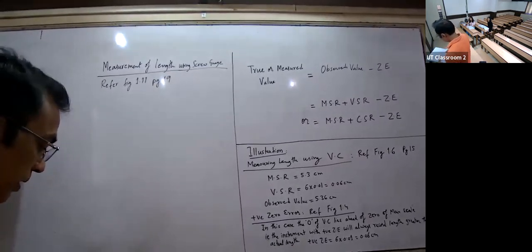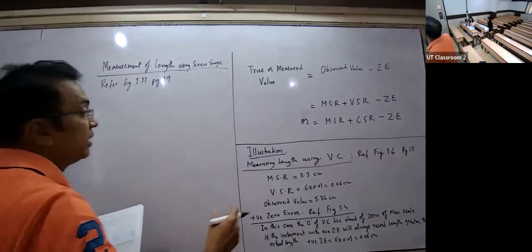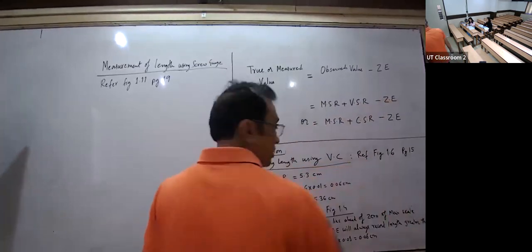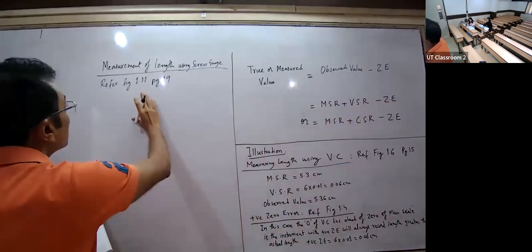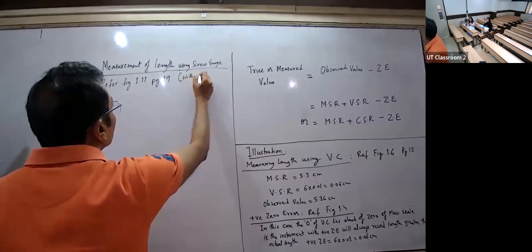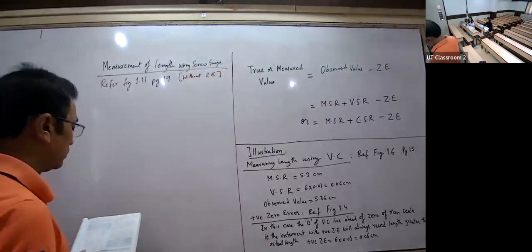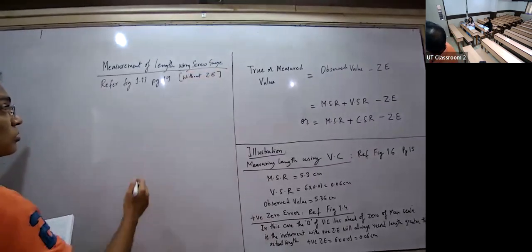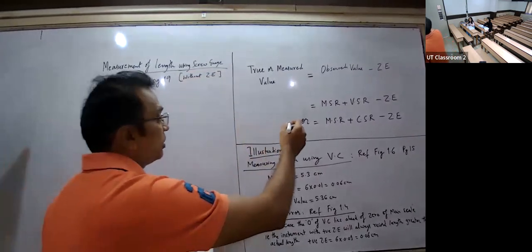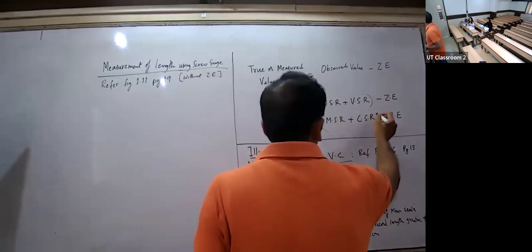So look at it. So what is the main scale reading? Again, first we will calculate the observed value, assuming you don't have zero error. So this is the case without zero error, right? So the measured value will be equal to the observed value in this case.